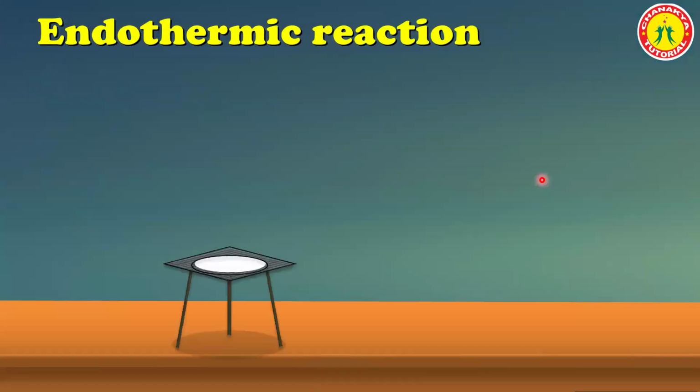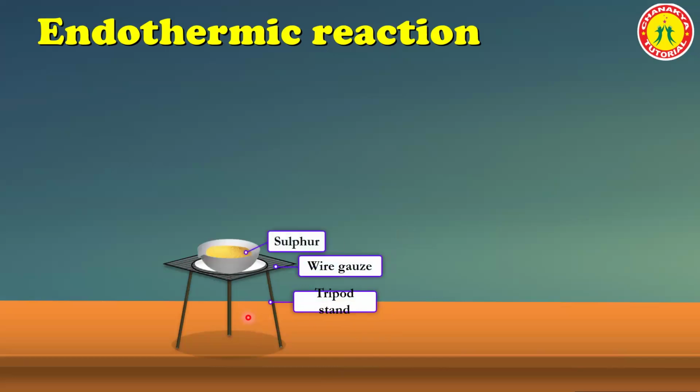Next we'll study endothermic reaction. Endothermic reaction is the opposite of exothermic reaction. What was happening in exothermic reaction? There was release of energy. But in endothermic reaction, we will provide energy to the reactants to convert into products. For example, we'll take sulfur as reactant along with iron, and then we'll provide heat.